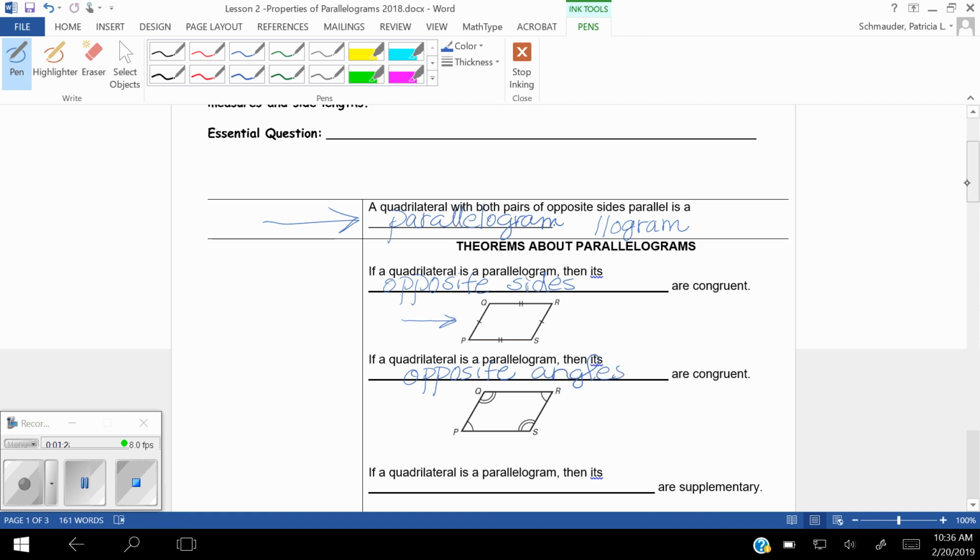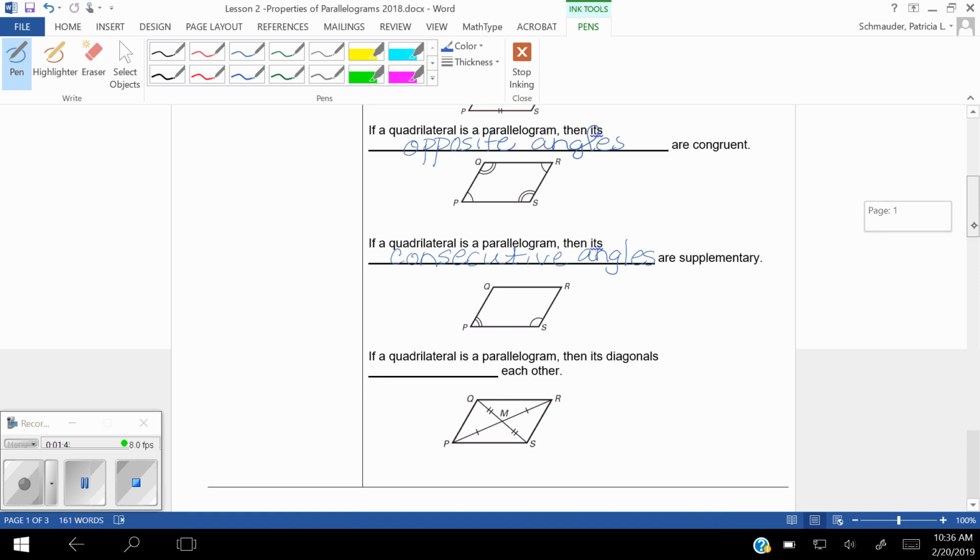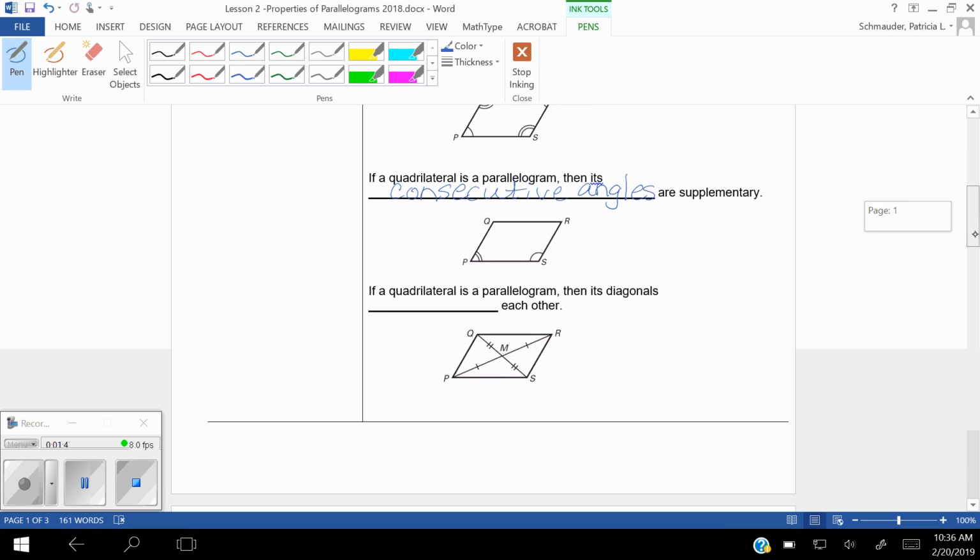We can see that that's what the markings show. Third one, if a quadrilateral is a parallelogram, then its consecutive angles are supplementary. And you better be making these flashcards if you haven't already, because you will have to remember all these theorems.